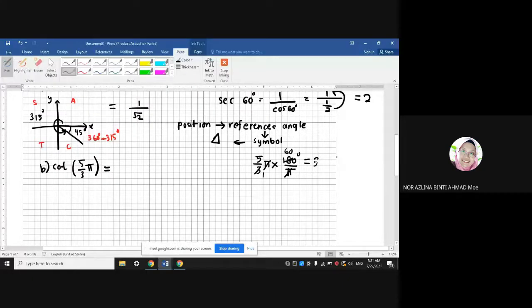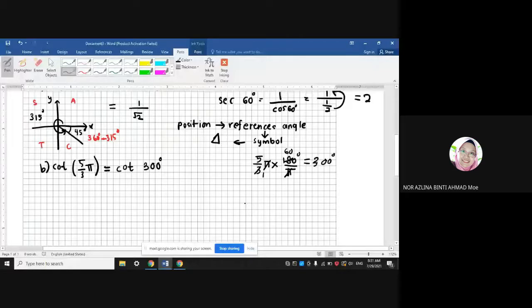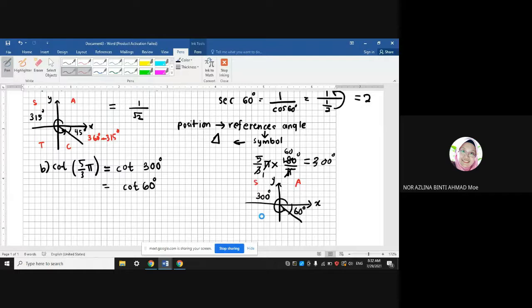Macam mana nak tukar? 5/3 pi multiply 180 over pi. So tukar kepada degree. Ni potong, ni 1, ni 60. So dapat 300. So ni cotangent 300 sebenarnya. Tak payah susah hati dengan pi tu.